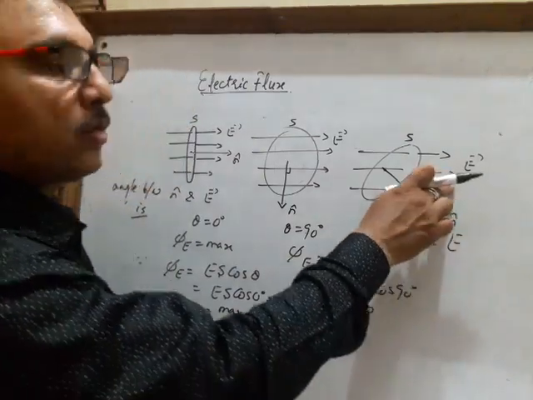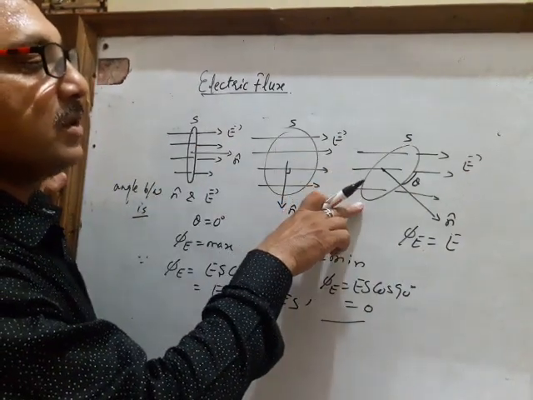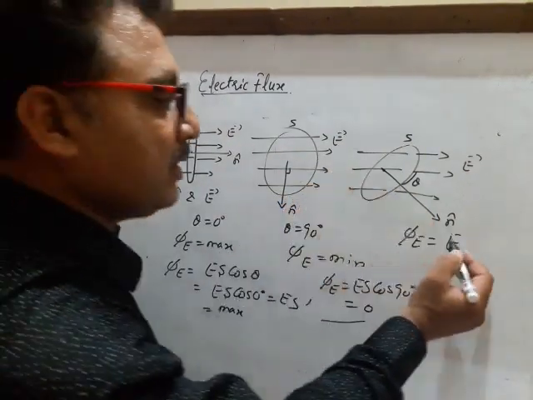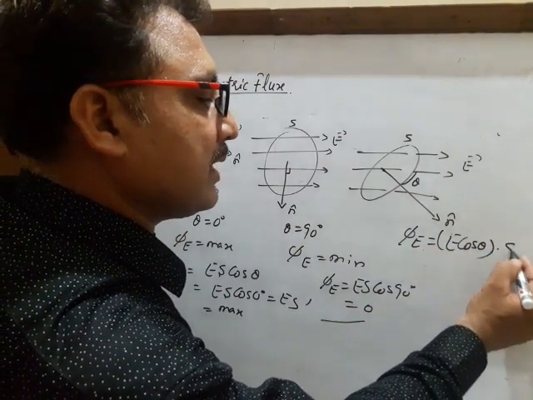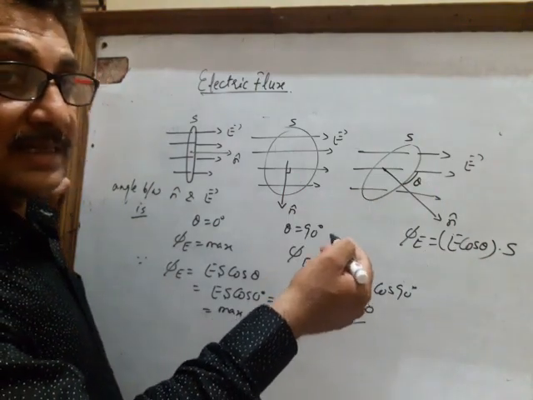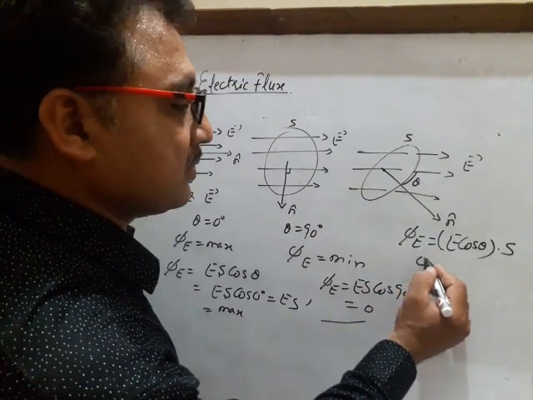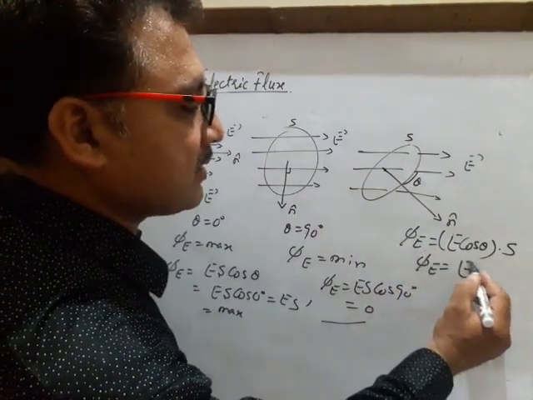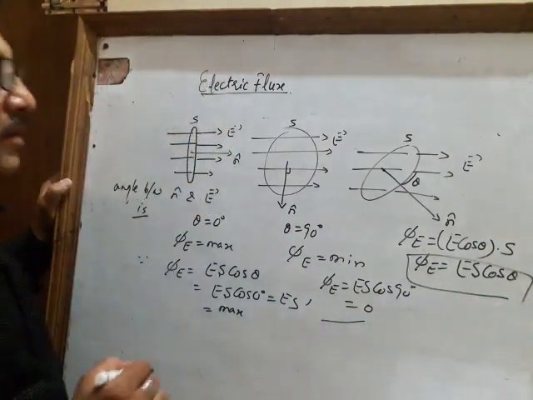Actually we take one component of the electric field because the whole of the field lines are not associated with the whole of the area. So we take one component E cos theta with S, or you can take one component of area S cos theta with E. So that will turn out to be ES cos theta, and this is the complete formula for electric flux.